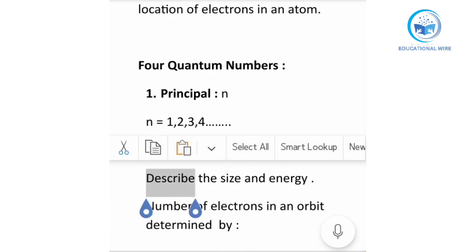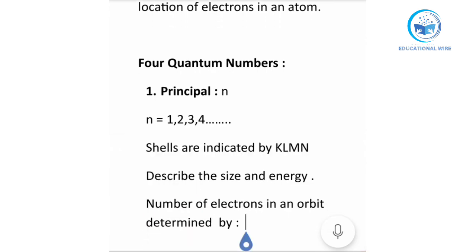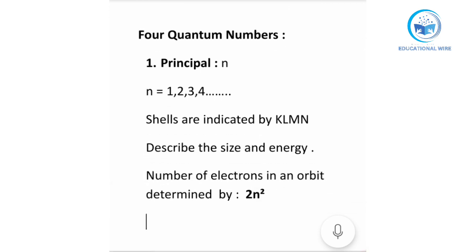The number of electrons in an orbit is determined by 2n squared. Likewise, the second shell has 8 electrons and the first shell has 2 electrons. So to find how many electrons are there in an orbit, we can determine that with this one formula, 2n squared.